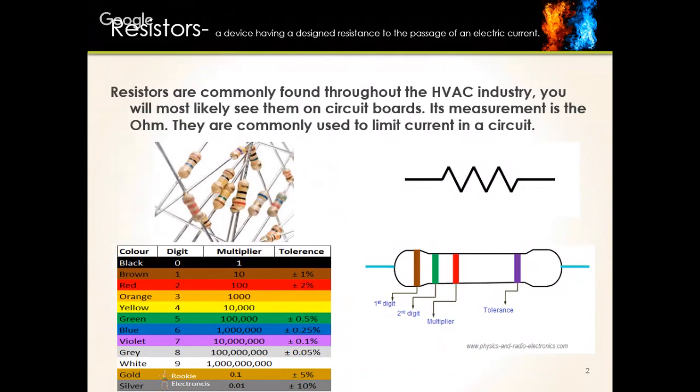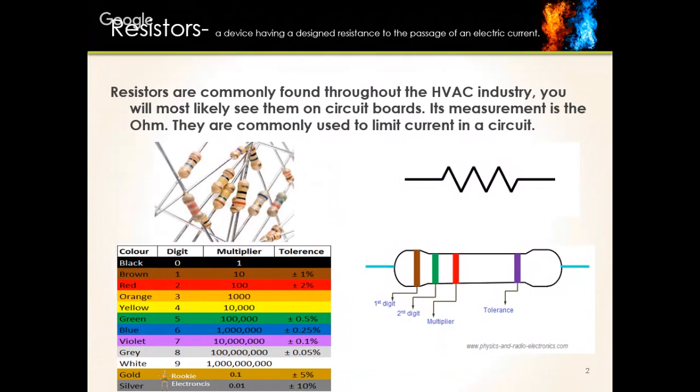So 15, 1, 5, and then red is our multiplier, so 100, so 15K plus or minus, what was your last one? Yellow. Yellow or gold? Probably gold. Is there 5 bands? Too small for me to see.